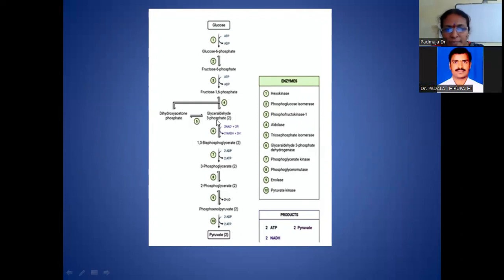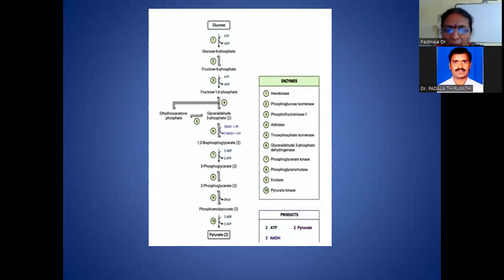This glyceraldehyde 3-phosphate will be converting through a different series, and at last the pyruvic acid is formed. Again, this dihydroxyacetone phosphate is converted to glyceraldehyde 3-phosphate, and again a number of series take place and pyruvic acid is formed. That means from one glucose, two molecules of pyruvic acid will be formed.